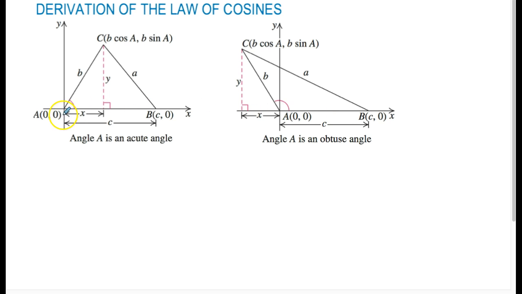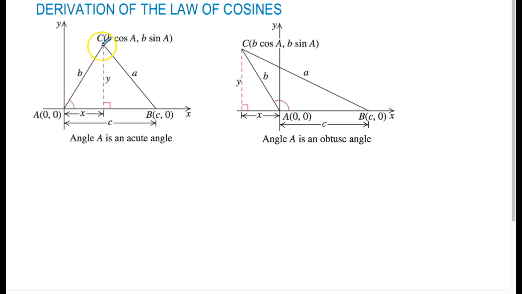Now, if we say that this is the point 0, 0, we can get coordinates for the other two vertices as well. If this is point A, point B, and point C, this, since it's the side opposite angle C, would be side c, and we can say it has length c. That means the coordinates of point B would be c, 0. The y-coordinate would be 0.